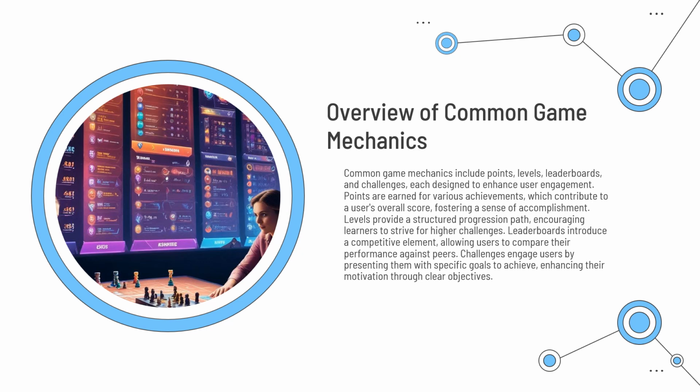They add a competitive edge, showing how learners stack up against their peers. Challenges. They set clear goals, giving learners something specific to strive for. These mechanics can be blended to create a dynamic and rewarding learning environment.